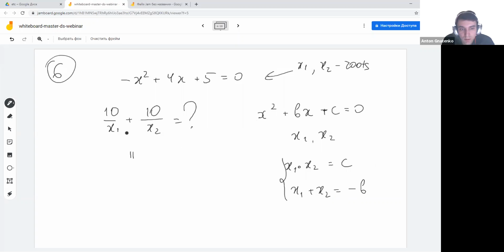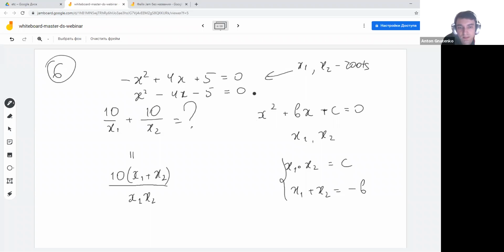And you may see that if I add these 2 fractions, this expression is equal to this. I have coefficient 1 here, but here we have minus 1, so I will rewrite the quadratic equation so that I have 1 before x squared.